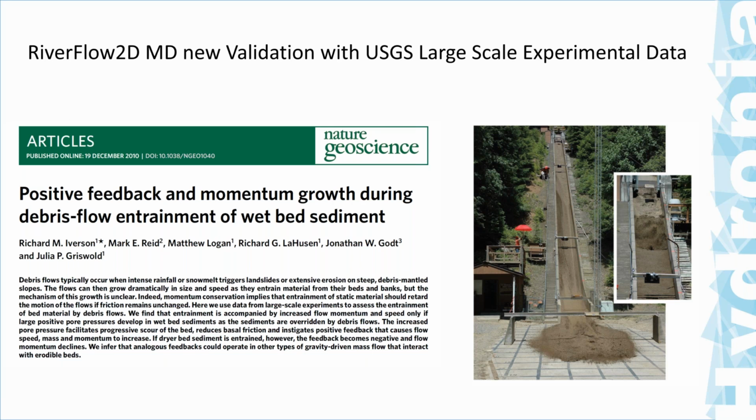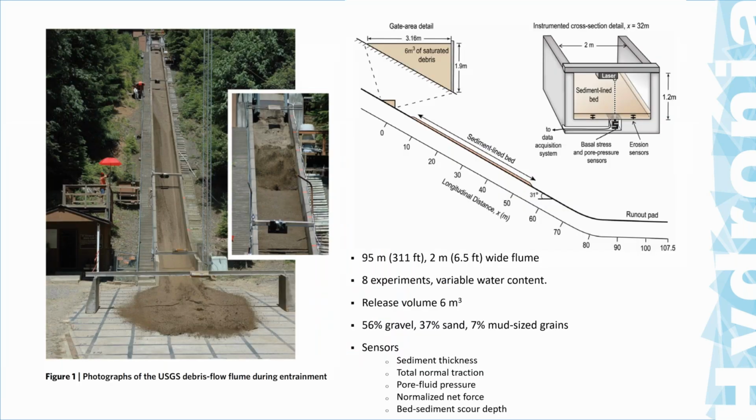So this is the particular experiment that we use, that I'm showing here, in case you are interested in having the original reference. So this is the case. It's a 95 meter, so more than 300 feet long, channel, 2 meters wide, and it has upstream a reservoir or a dam that contains 6 cubic meters of saturated debris, and then it has a middle section with a sediment bed.